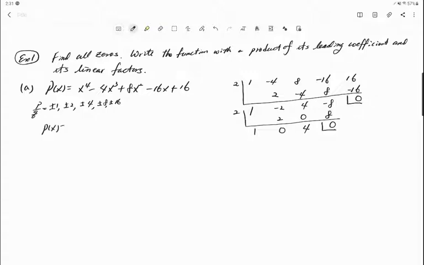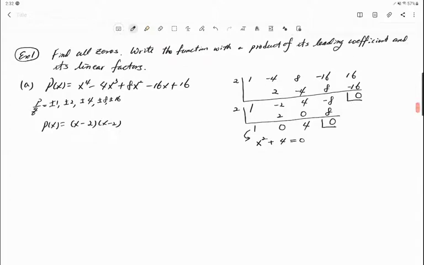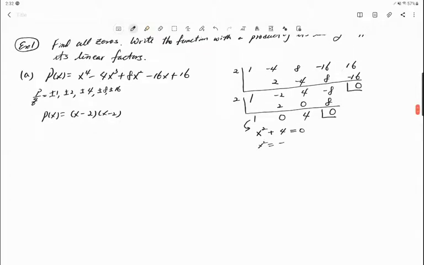All right, so we can rewrite it. P of x equals x minus 2 times x minus 2, and then finally we have 3 terms, x squared plus 0x plus 4 equals 0. This last line is in quadratic form. Make it 0, then what is x? x squared equals negative 4, so x equals plus or minus the square root of negative 4.